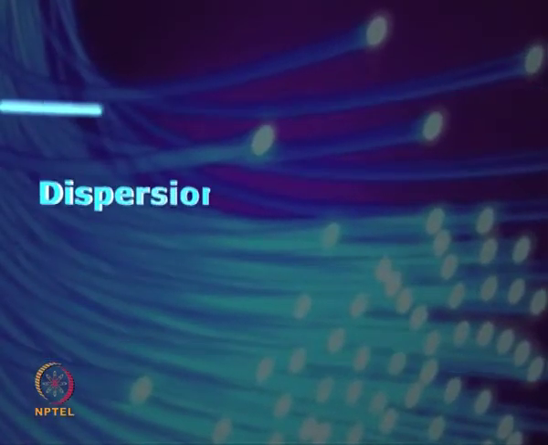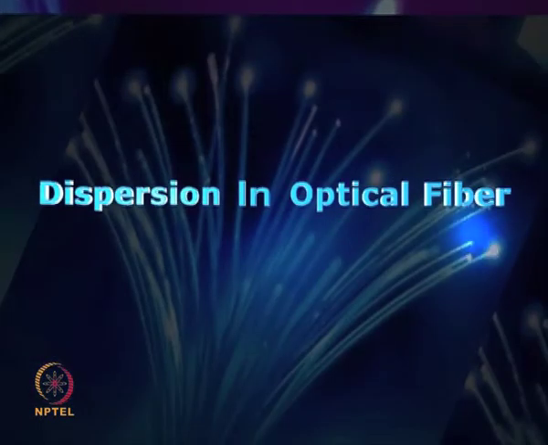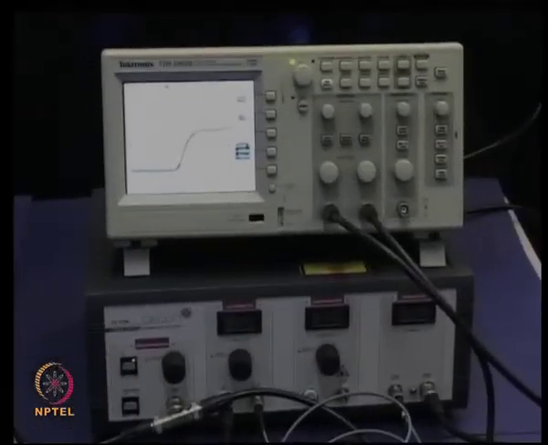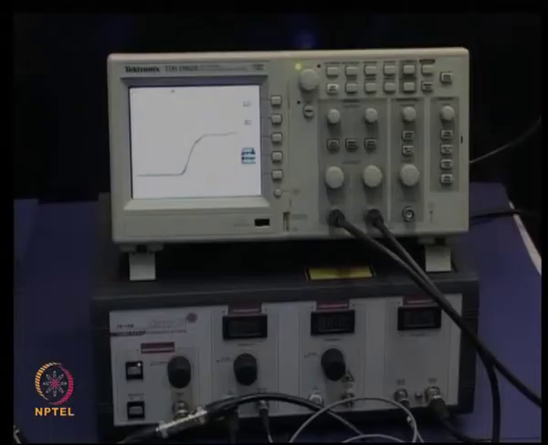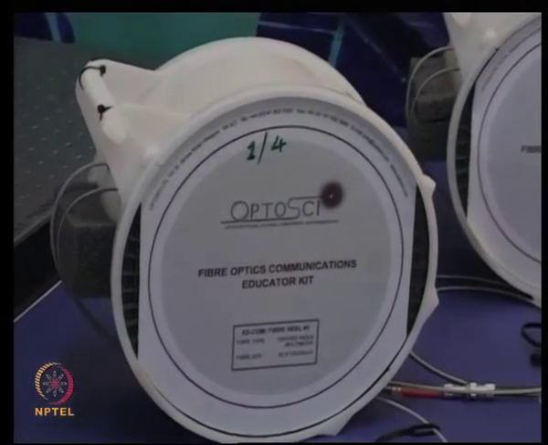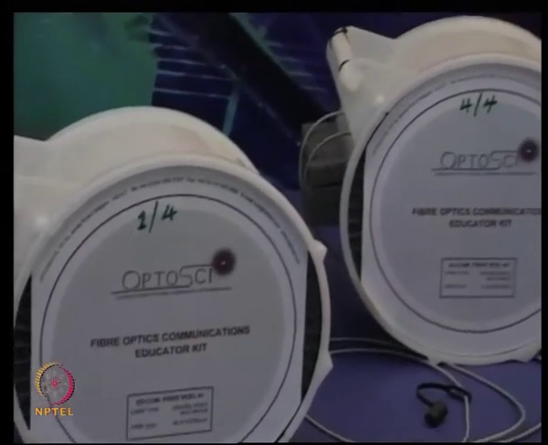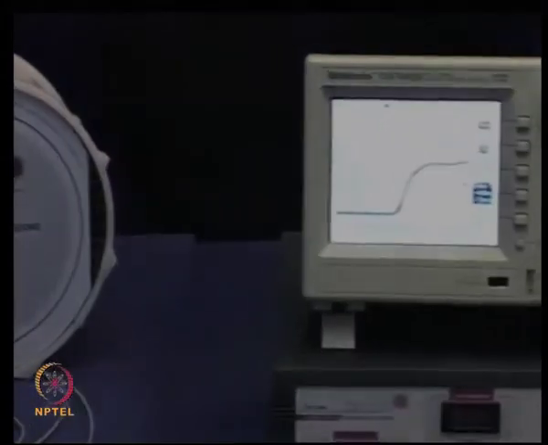In this experiment, we will do time domain measurement of material and intermodal dispersion. This is the experimental setup. We will be using 2 fiber reels.